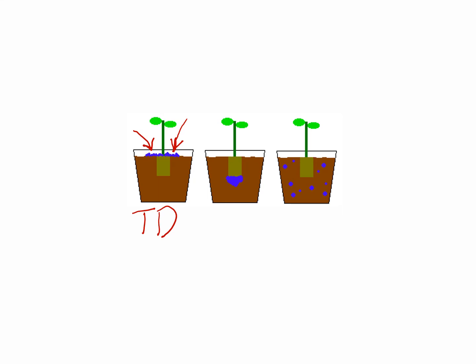Dibbling is illustrated in the center. Let me go ahead and do some erasing here so we can clean this up. All right, so dibbling is shown in this picture. We'll just abbreviate that as DB. In this method of fertilizer application, the fertilizer is placed into the planting hole during pot filling, and then the liner is planted on top of the fertilizer.